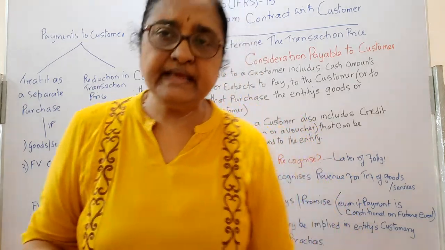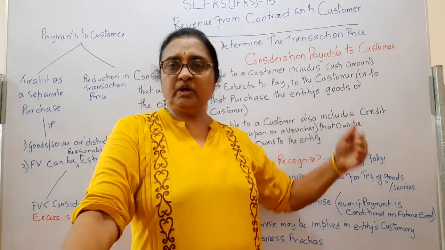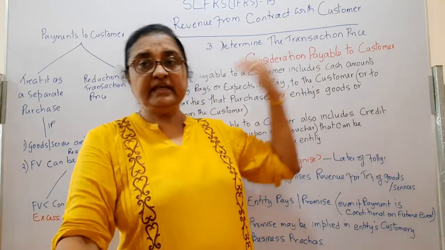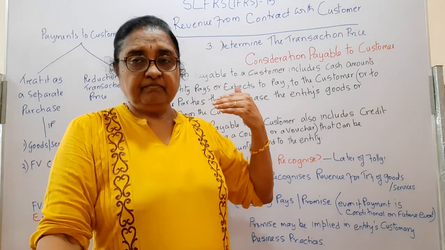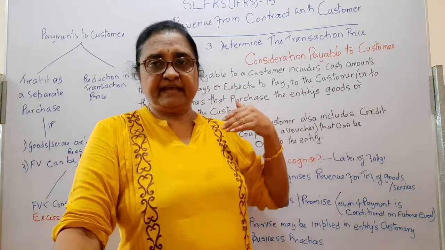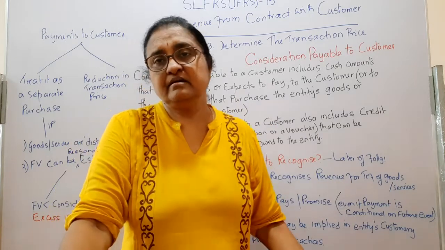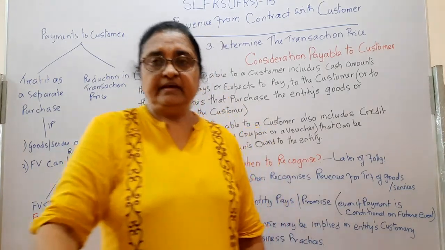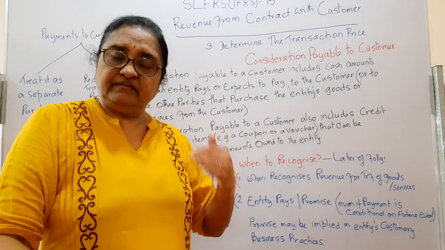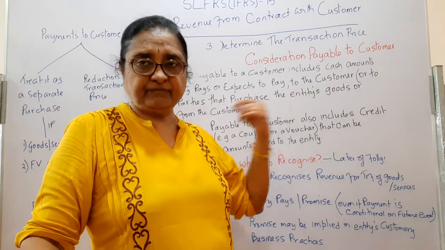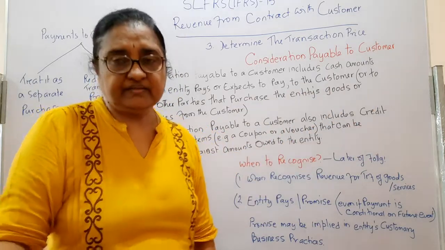For example, it can be a payment for goods and services supplied by the customer to the entity. The entity supplies goods, and the customer also supplies goods. For example, if entity A is a computer manufacturing company, it supplies computers and laptops to the customer.